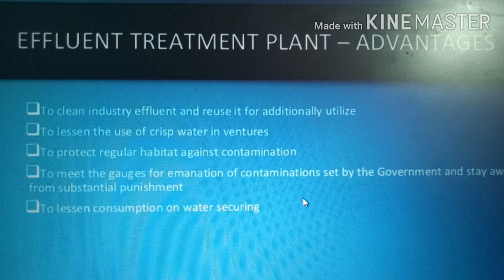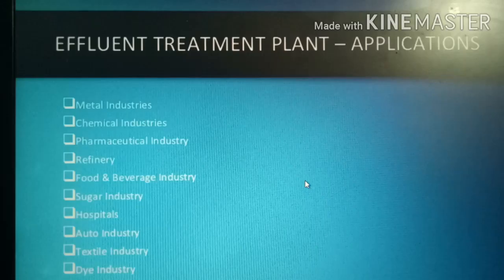And the applications of ETP plants are in metal industries, chemical industries, pharmaceutical industries, refineries, food and beverage industries, sugar industries, hospitals, auto industries, textile industries, and dye industries.